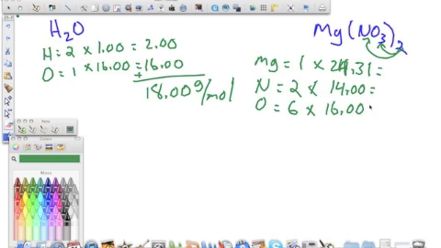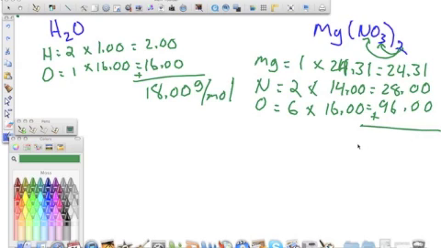We multiply those out and we get 24.31, 28.00, and 96.00. Add those up and the answer that we get is 148.31 grams, and that is grams per mole of magnesium nitrate.